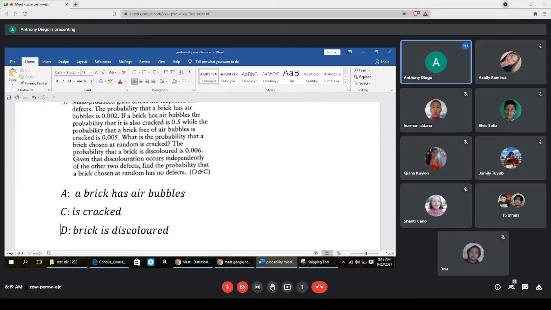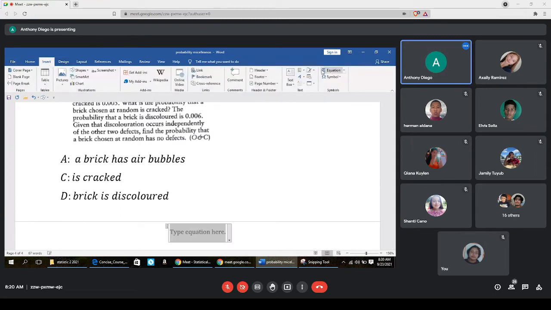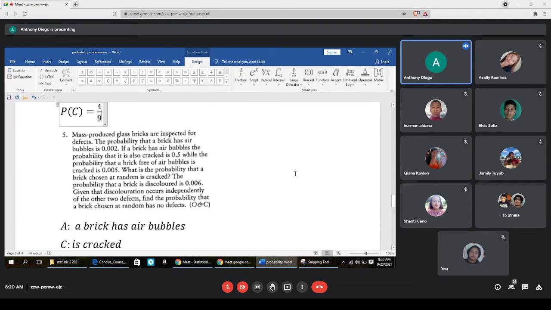Okay. Now see what other information that we can gather from here. Let's see what other information. So let's start writing down some info here. They mentioned, let's go back to the problem, mass-produced bricks are inspected for defects.